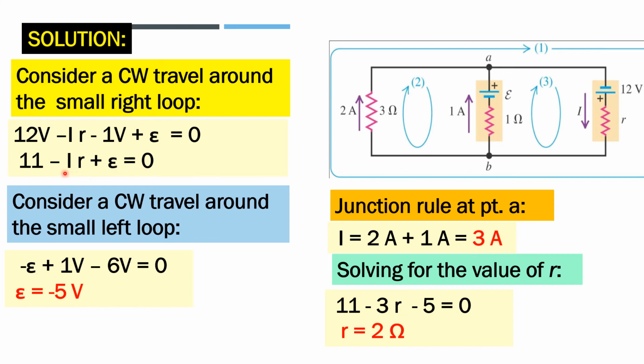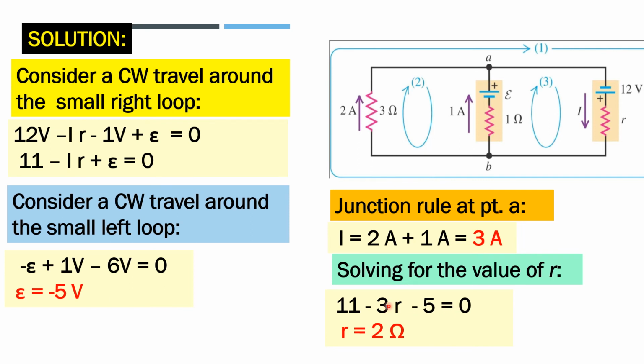Since we already know the value of the current I as well as the value of the EMF or epsilon, we can determine the value of the small r, or the internal resistance, by simply substituting those already determined values for epsilon as well as for the current I. That is 11 minus 3r minus 5 is equal to 0.